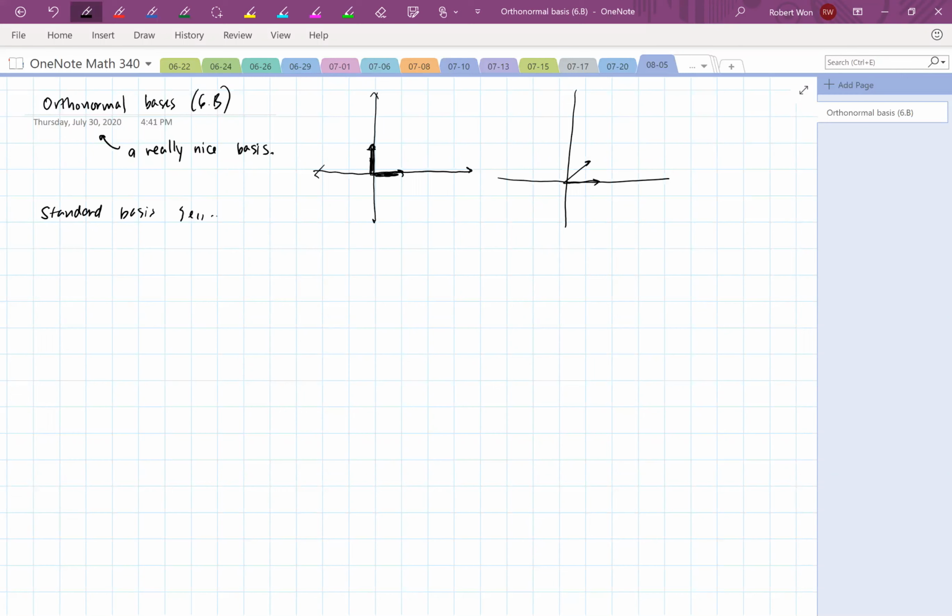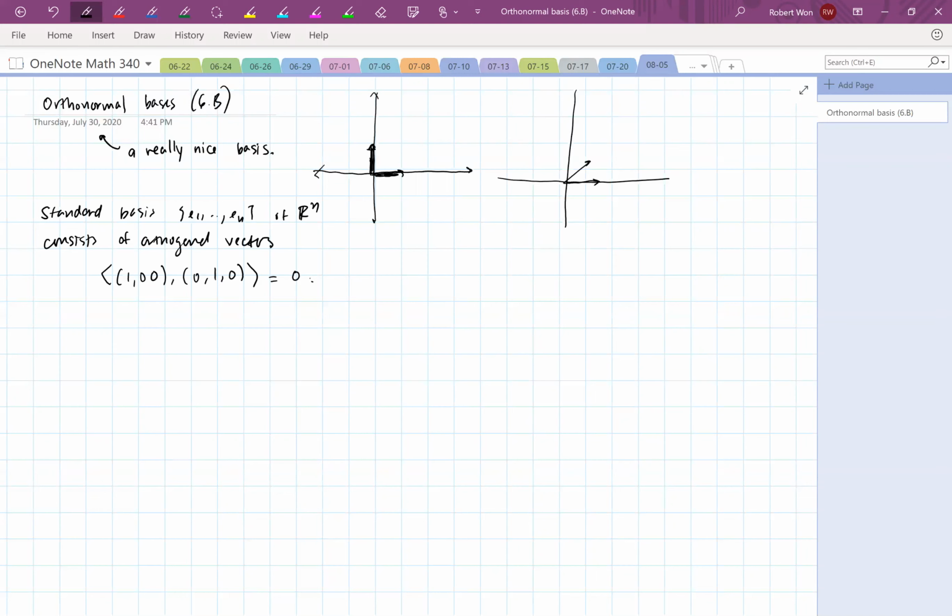let's say e1 up through en of Rn, consists of orthogonal vectors. Right? Because if you take the inner product, the dot product of these two vectors here, you of course get 0. Right? So every pair of vectors in the standard basis of Rn is orthogonal.